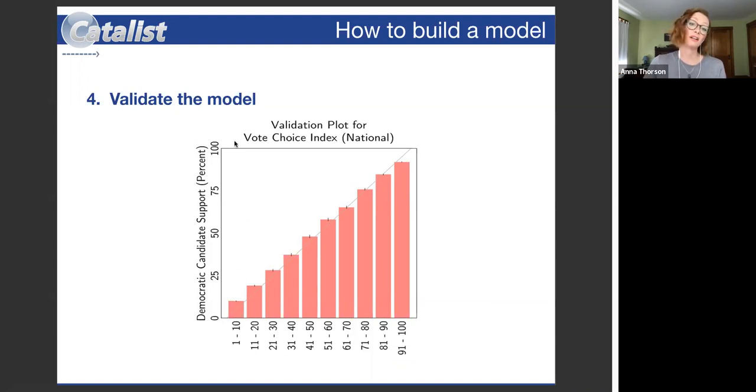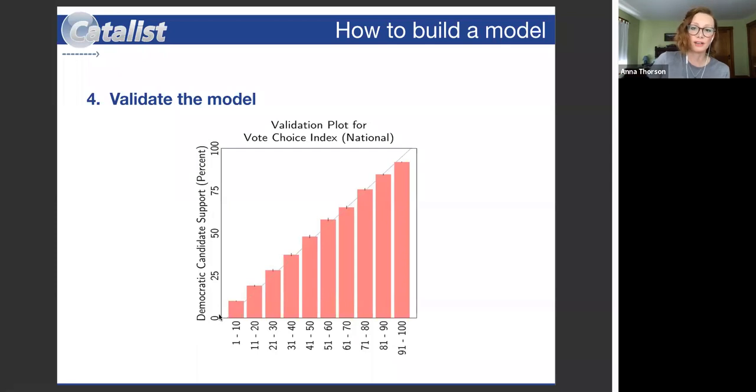Over here on this y-axis, on this vertical line, this is what actually happened. This is real life. This is the Democrat candidate support percent. And it goes from 0 to 100%.